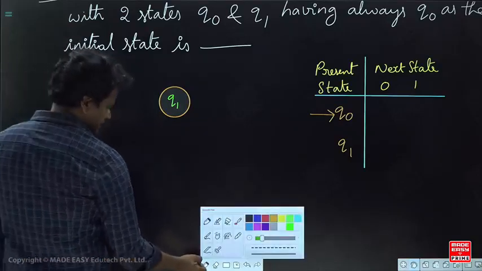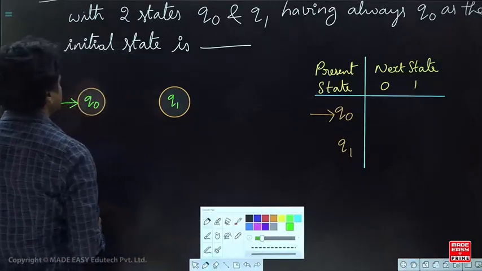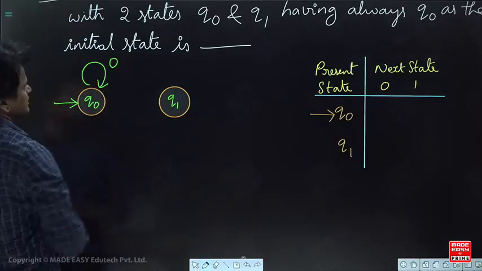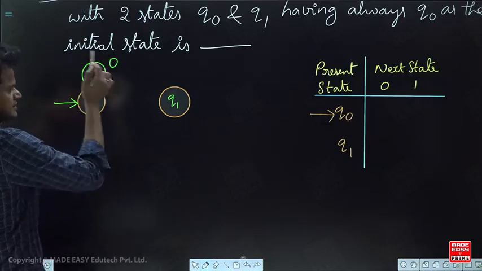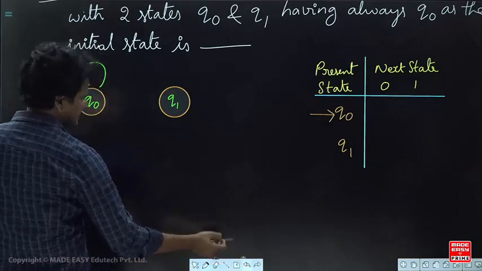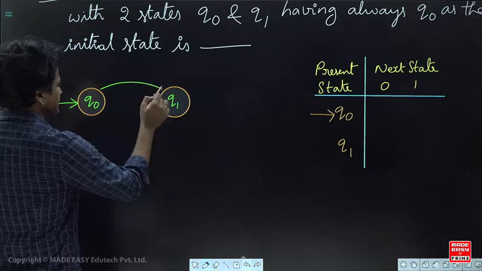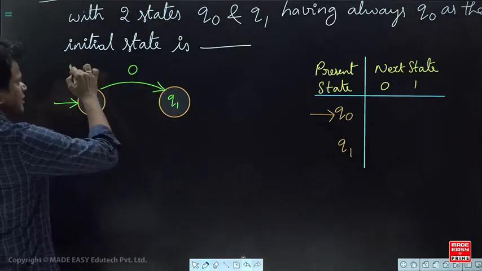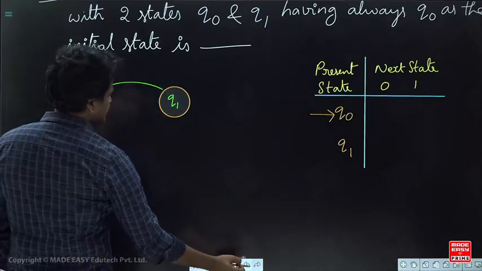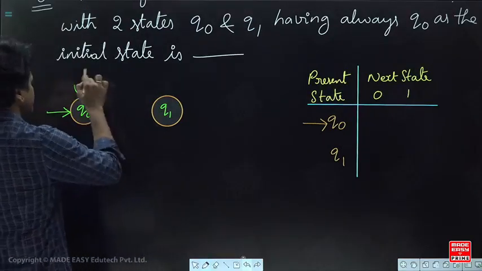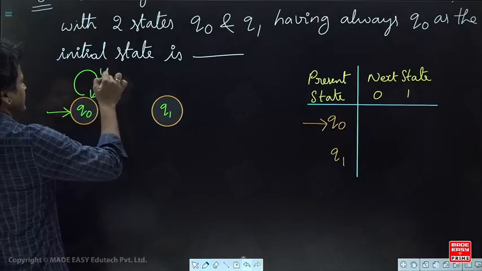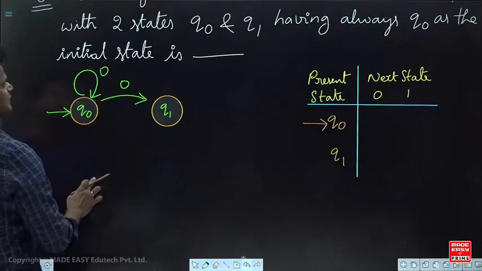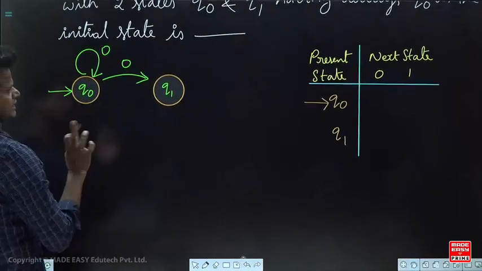Now guys, here Q0 on 0, can I define like this? Of course I can define. Otherwise, can I define like this? Of course. So either this way or this way. You cannot define both, because we want to consider the DFA, not NFA.